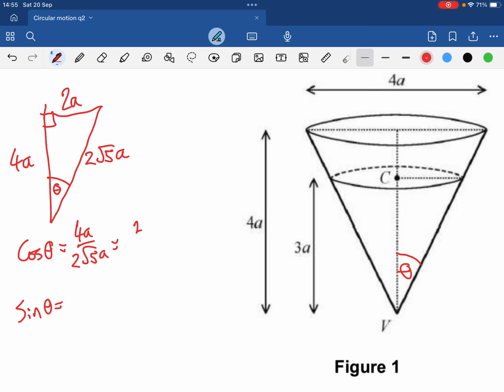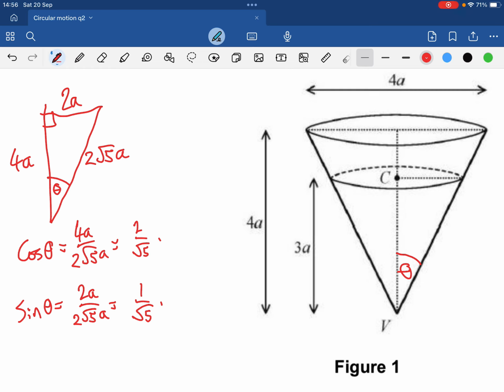Should simplify to 2 over root 5. Let's do the same for sine theta. So opposite divided by hypotenuse should be 2a divided by 2 root 5a. So this should just simplify to 1 over root 5. I'm sorry if you're offended by leaving them with a surd on the bottom. Let's not worry too much.